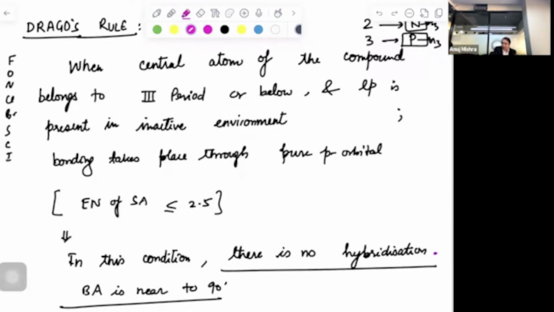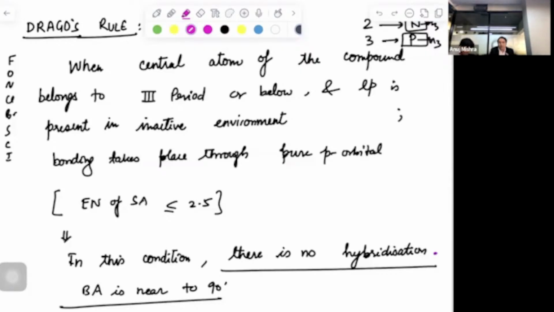This was the explanation of Drago's rule. When all these conditions are fulfilled, hybridization is unable to explain the angles. It fails completely. Hence Drago's rule says that if this is the condition, please apply this logic.